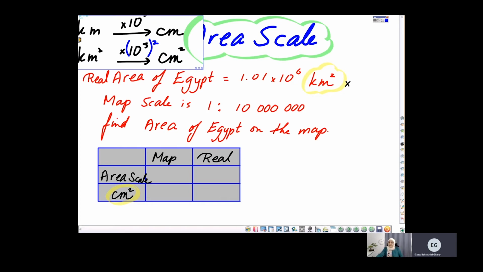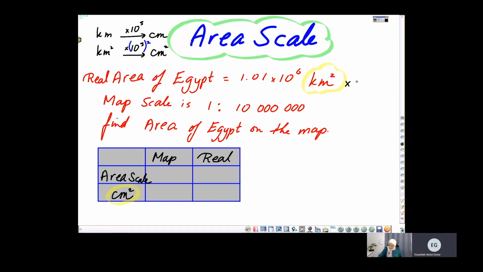Multiply by 100,000, but squared. Now, I'll multiply by 10 to the power of 5 in brackets, all to the power of 2. When we take the lesson of indices, power of power, multiply powers, as if you are multiplying by 10 to the power of 10.